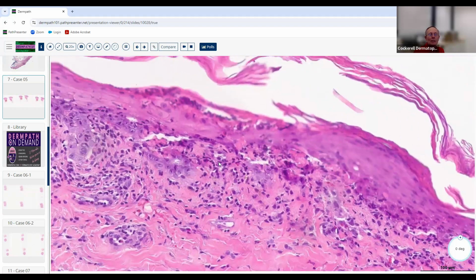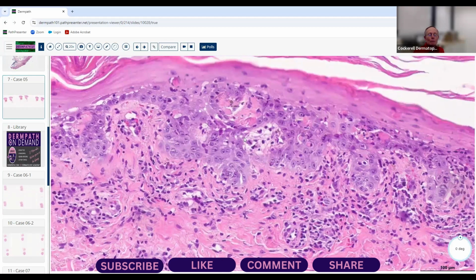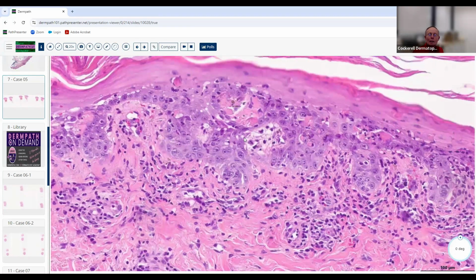Now, the good news is you've recognized this now. Excellent. Very good. So they're not going to ask you to look at this and instantly make a diagnosis. That's highly unlikely unless it has some really characteristic features that were classic for some disease. But you've identified it as an interface dermatitis.